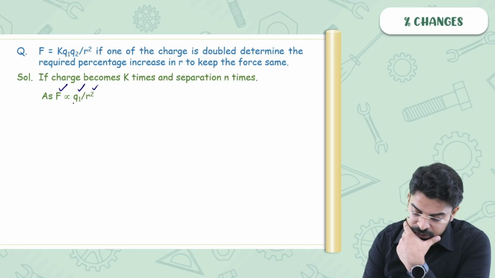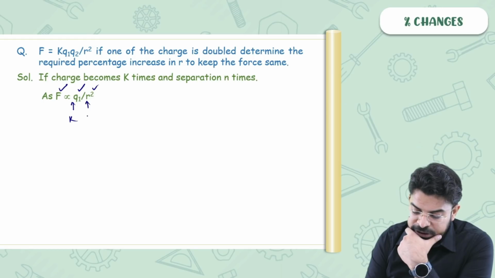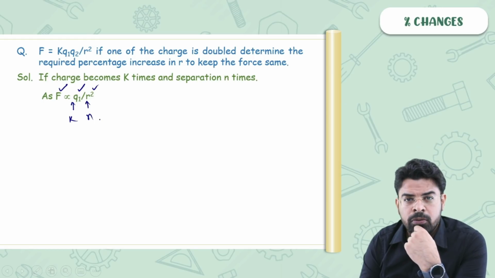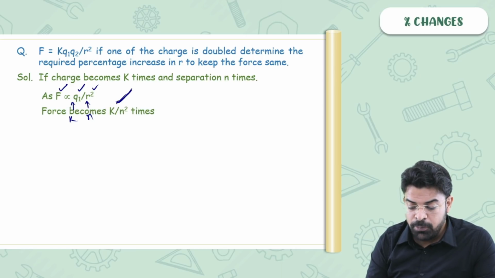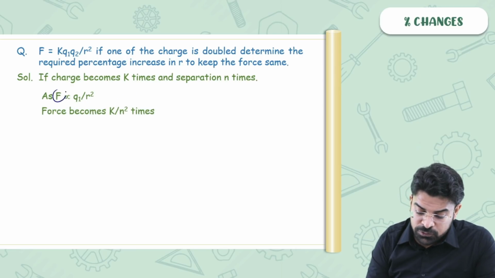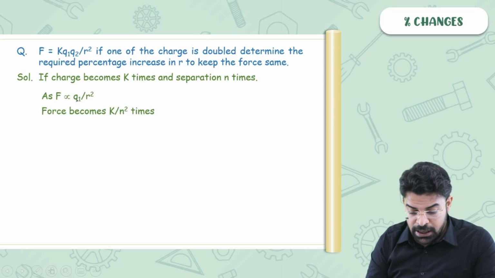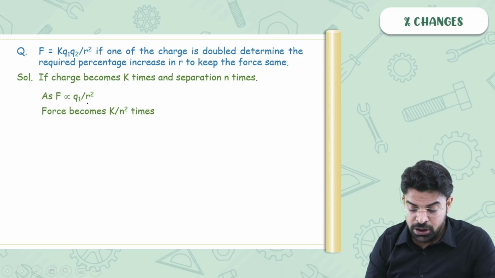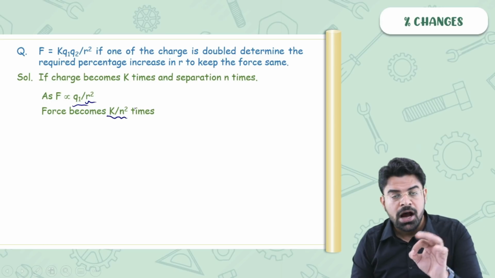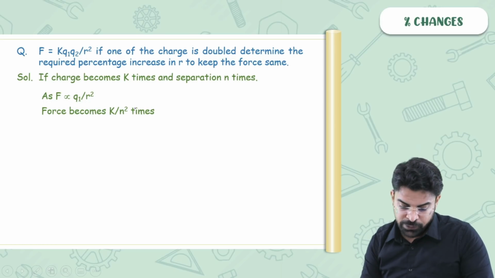So if charge becomes K times and separation becomes N times, the force becomes K upon N square times. Why? Because force is directly proportional to charge and force is inversely proportional to the square of separation.